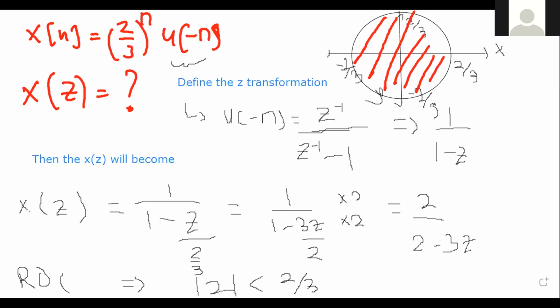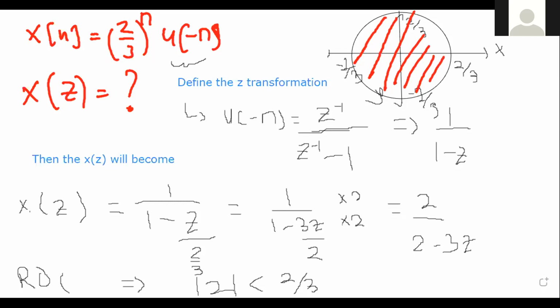Then after we define this u minus n to the z transformation, we can get all of the xz and it will become like this equation, 1 divided by 1 minus c divided by 2 divided by 3, and we make it easier by multiplying 2.